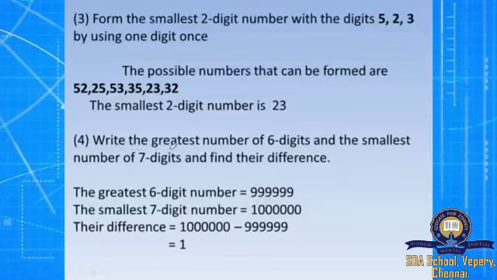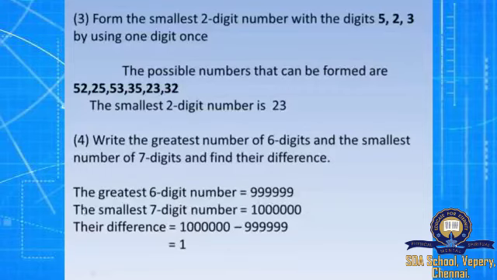Write the greatest number of 6 digits and the smallest number of 7 digits and find their difference. We have to write the greatest 6-digit number and the smallest 7-digit number, and find the difference.